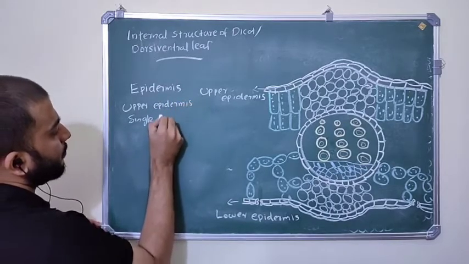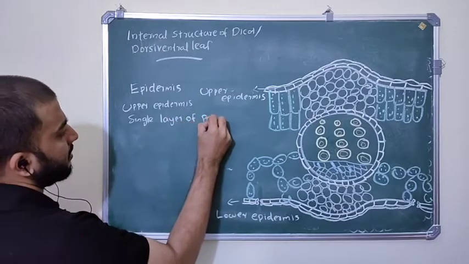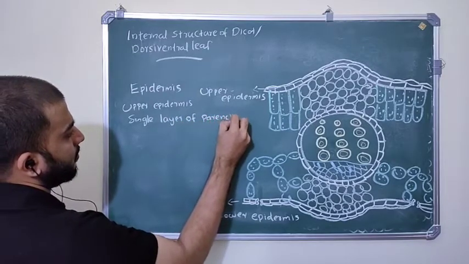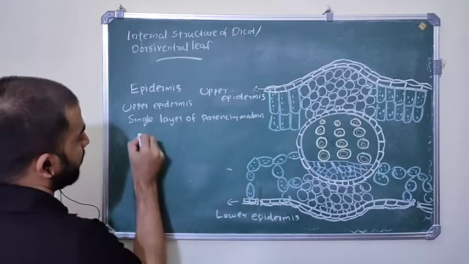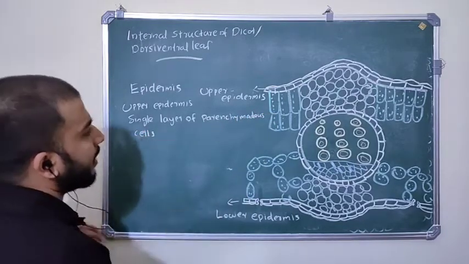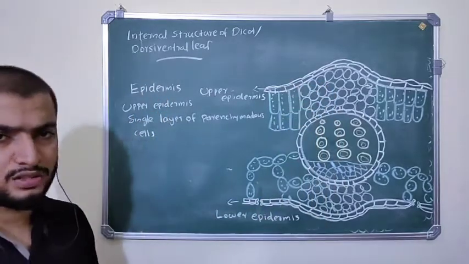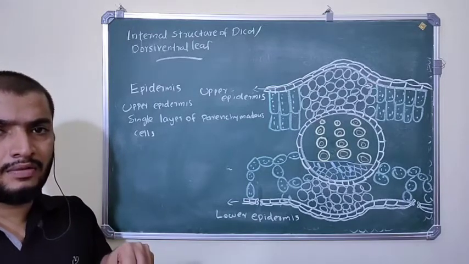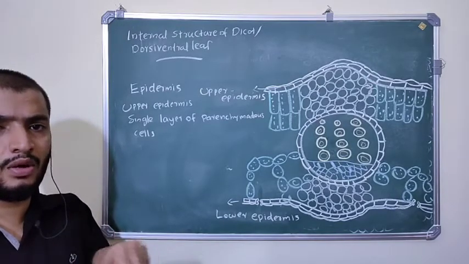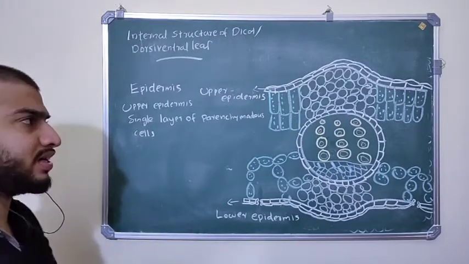In between these parenchymatous cells, there are no intercellular spaces. So these epidermal cells are arranged without intercellular spaces, and they form a single layer.